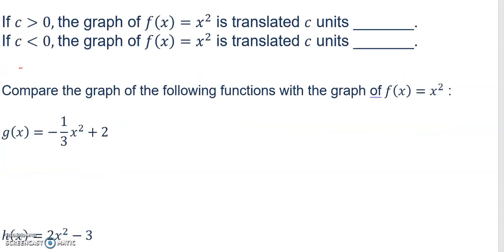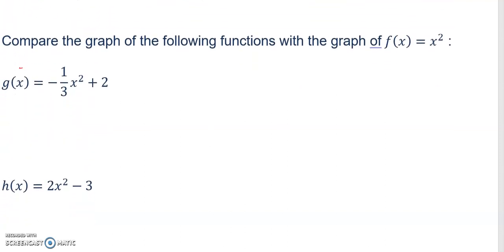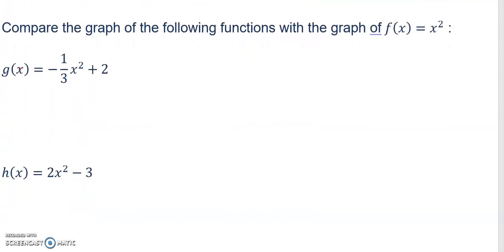So now we're going to compare the graph of the following functions with the graph of f of x equals x squared. So g of x equals negative 1/3 x squared plus 2. We're going to compare their width first, since we learned about widths. So we're going to look at our a value here.